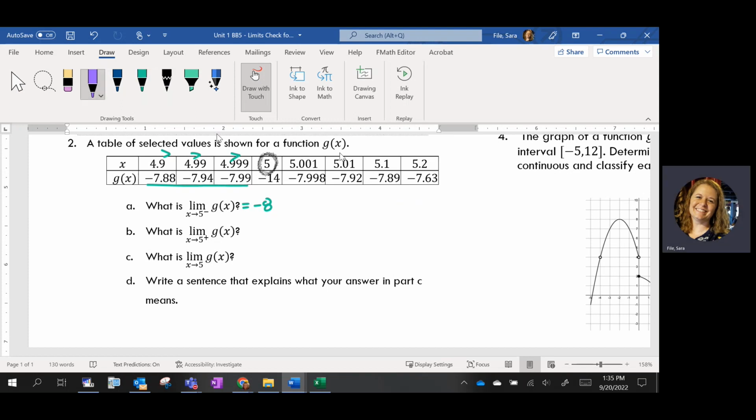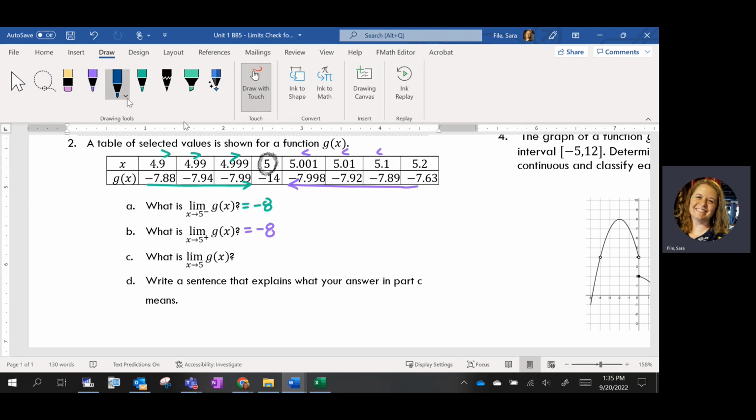Okay, then from the right, as the x values approach 5, look at what's happening to the y values going this direction. Okay, so it's -7.6, -7.8, -7.9, -7.99. So what are those also approaching? -8. So from the left and from the right, our limit is -8.